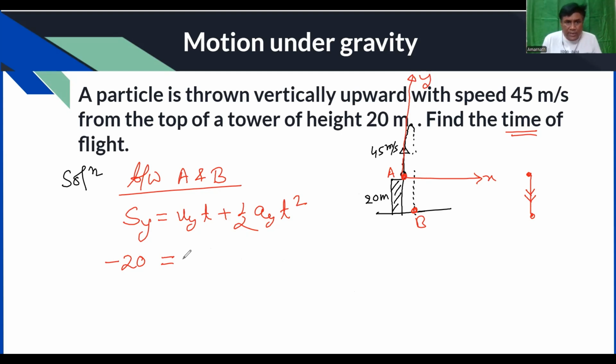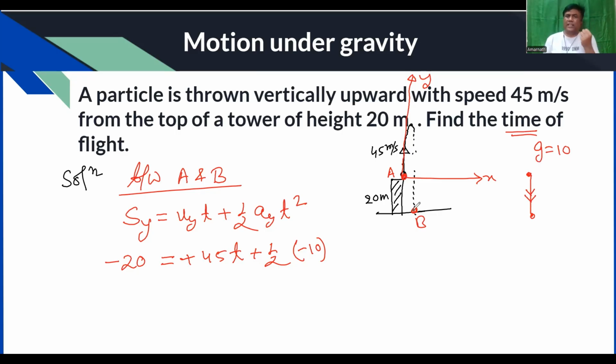What is Uy? Uy is positive, 45, into t plus half Ay. You see, Ay means acceleration. Acceleration is always g, and g is always downward. So it will be minus 10. The g value, if not given, you take 10 only.